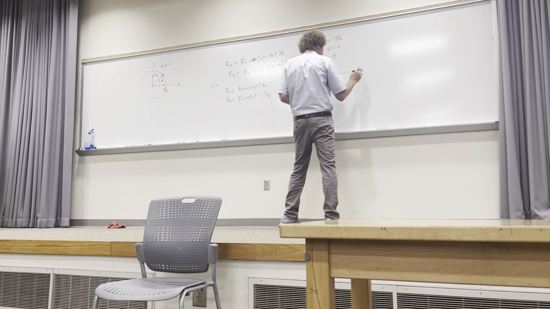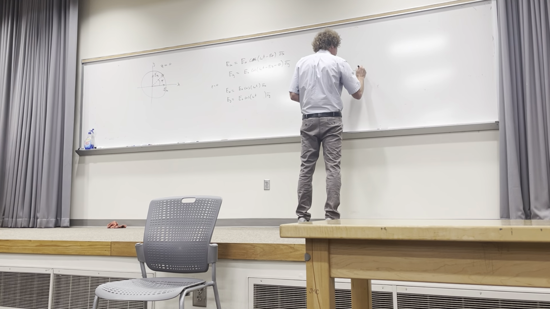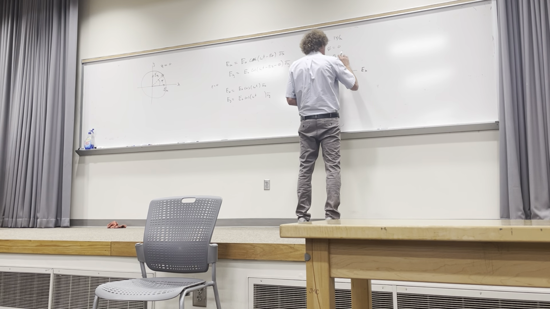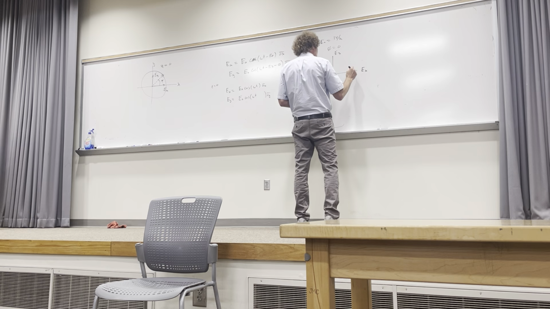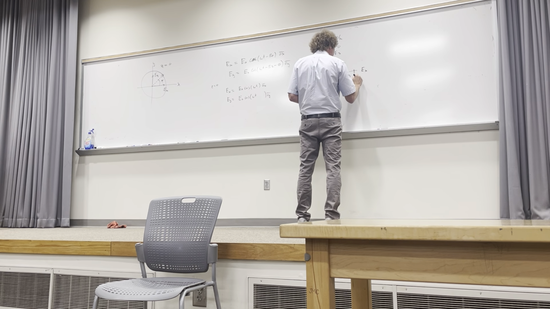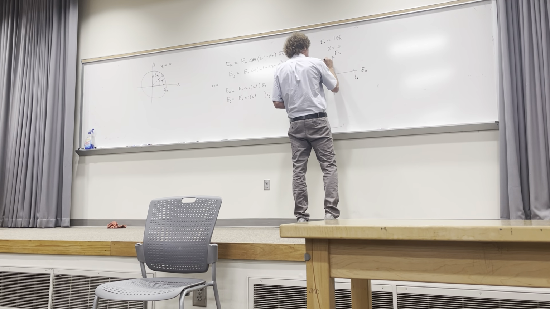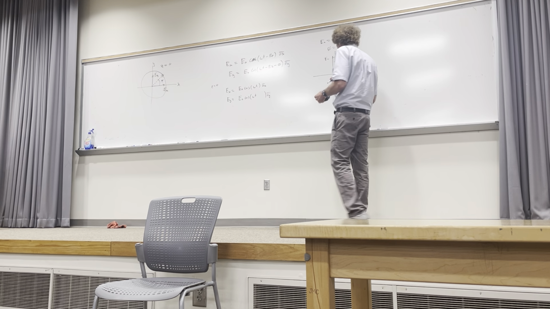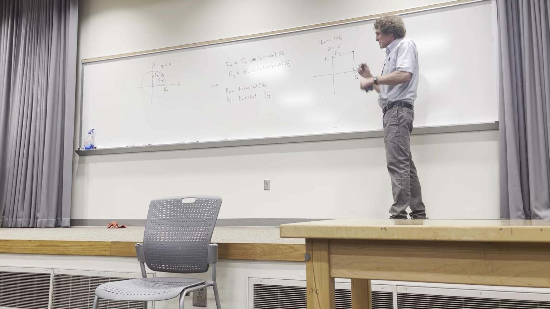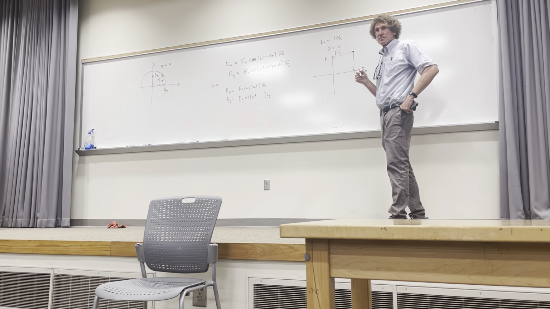So if this is EX, not the x-axis, call this EY. Both of them start over here at E naught, and you can see that this would be the first point. That would be where the electric field position would be, the superposition of those two. Do you all agree with that, class?